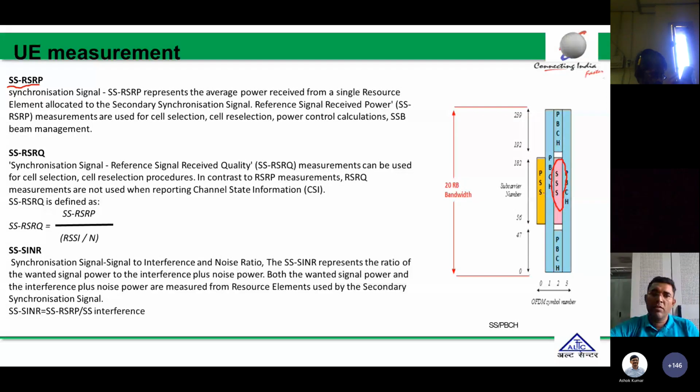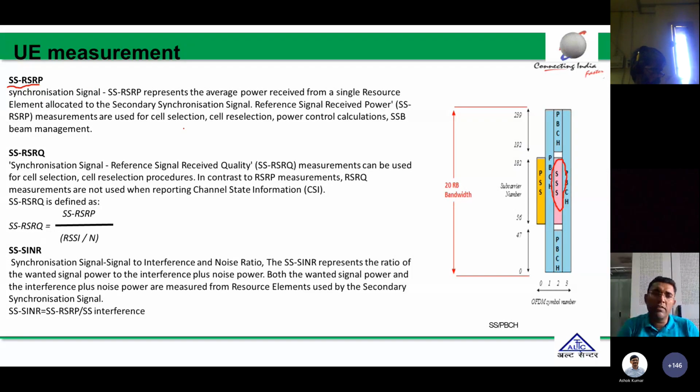This is the SS-RSRP that the UE measures, and this measurement is done for the calculation of timing advance, path loss between the base station and the user equipment, and all other mobility parameters like cell selection and power control calculation. These are mobility management techniques, used for handover purposes.